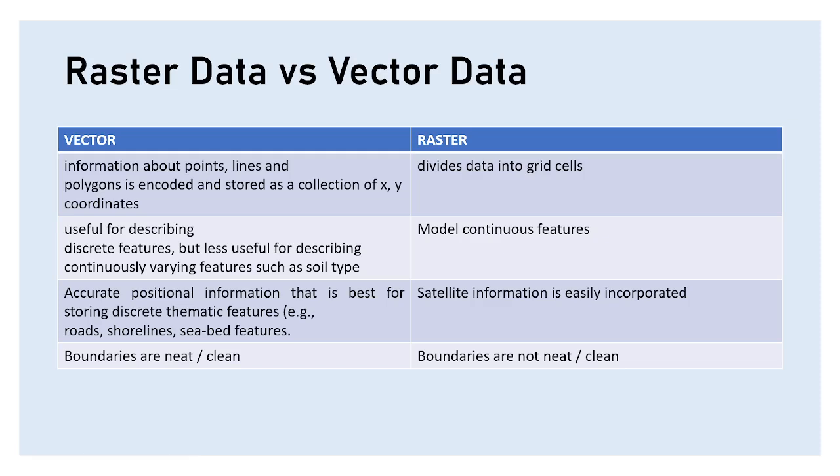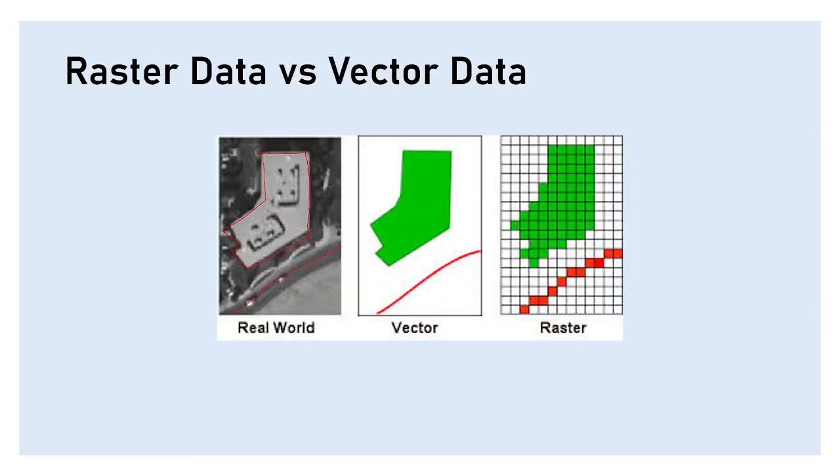For example, here we are just noting the building and the path, whatever it is. That is fine. Vector data is giving you that information. Suppose we were looking at a very open land in which soil type is varying. In a vector data set, you cannot basically differentiate between the different soil types. It's a bit difficult.